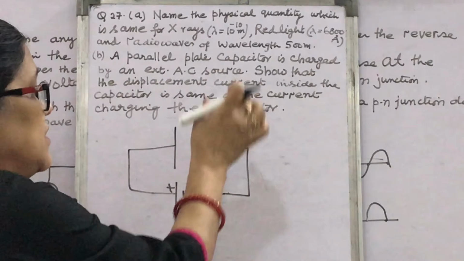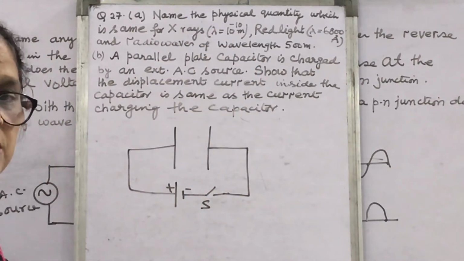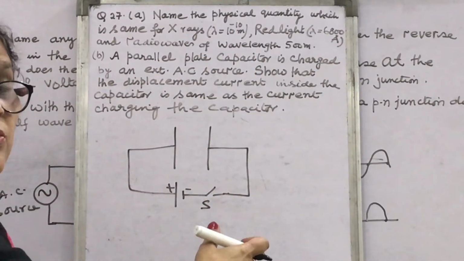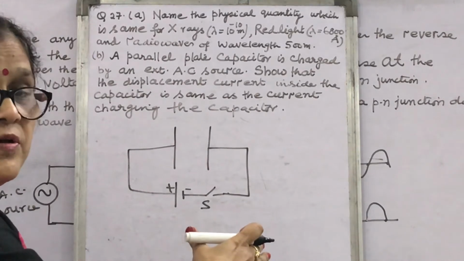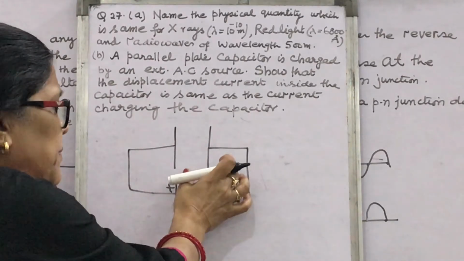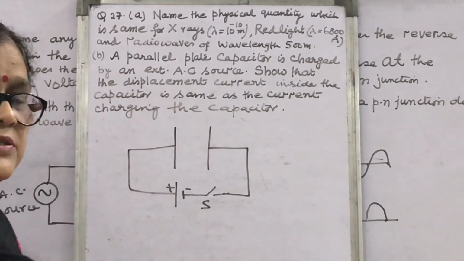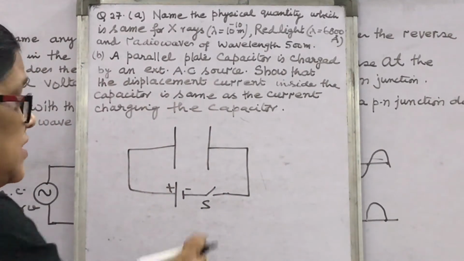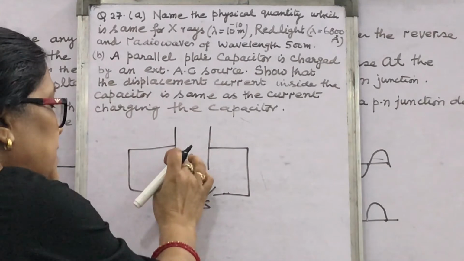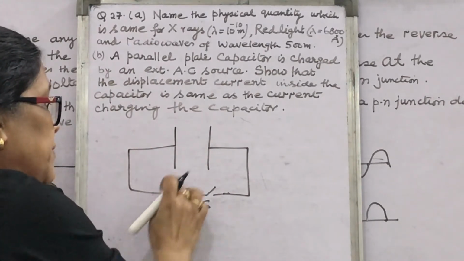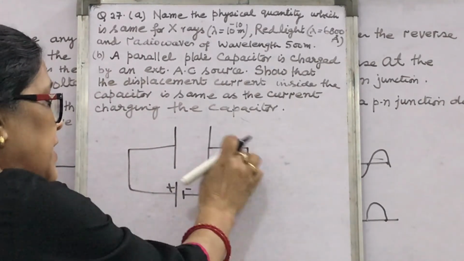To see the complete description, see my video on displacement current in the EM wave. Here it's simple that during the charging of the capacitor, this plate is connected with the positive terminal, this plate is connected with the negative terminal.